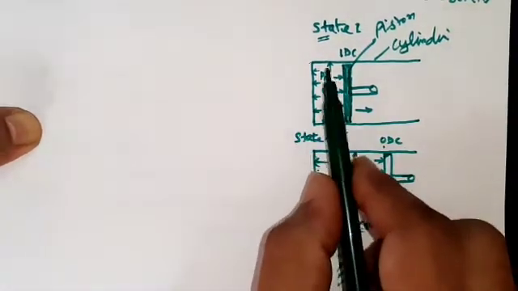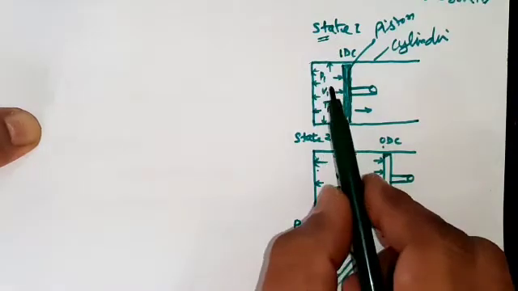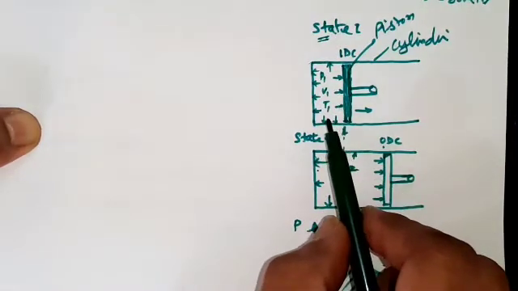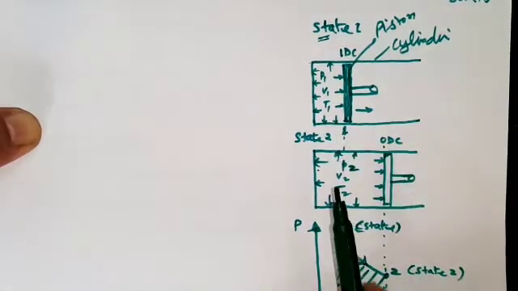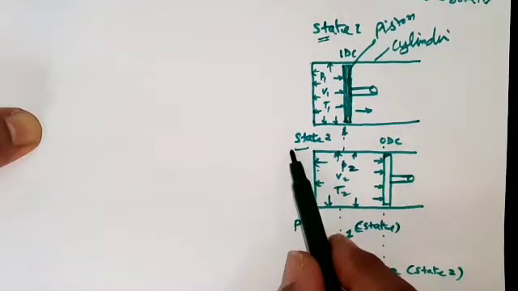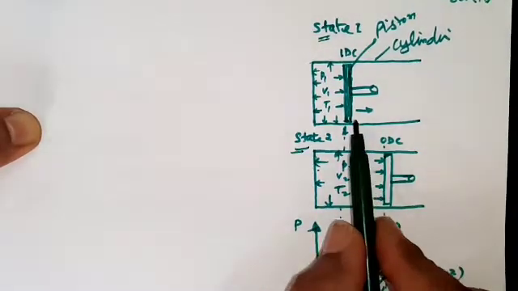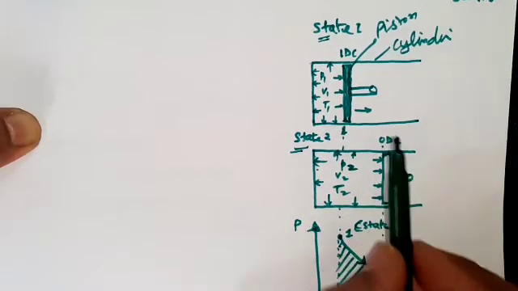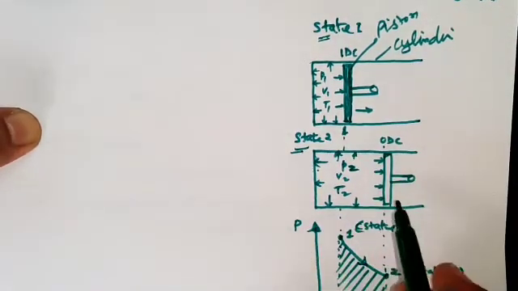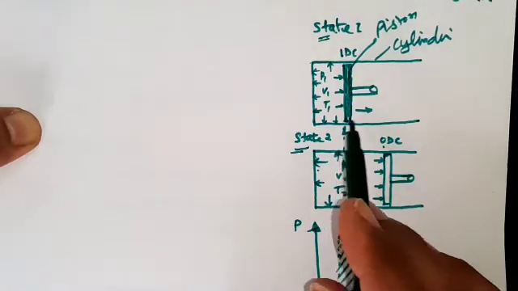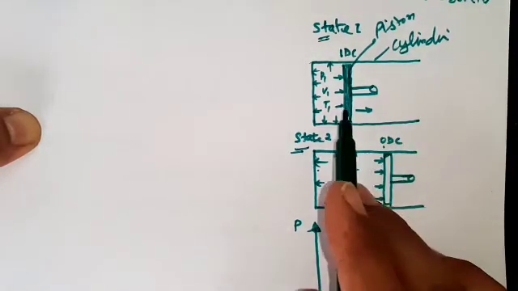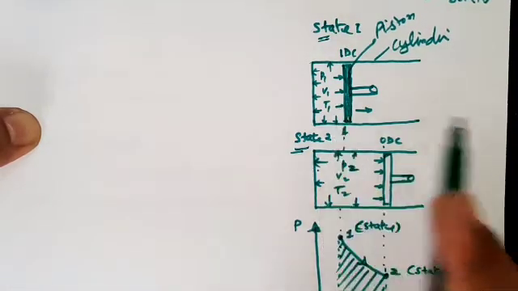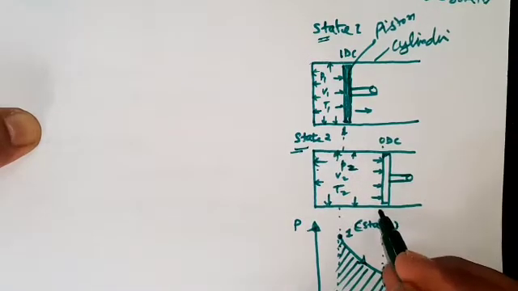So here in the first state, pressure is P1, volume V1, temperature is T1, and in the second state of the piston, so piston is moved from this position to this position. Due to movement of this piston, this piston is displaced from state 1 to state 2. So this is state 2.